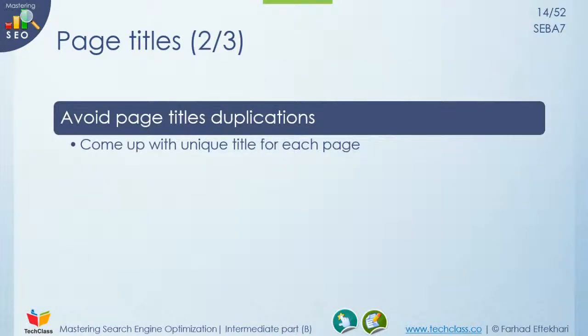And definitely avoid page title duplications. So don't use, for instance, your own name or your company name in all of the pages as a page title. Try to use, for instance, your company name and then dash about, or company name dash contact for the contact page, or company name dash products or photo gallery, or whatever is relevant to your content.